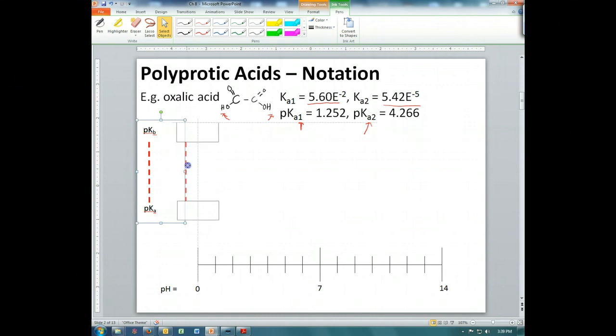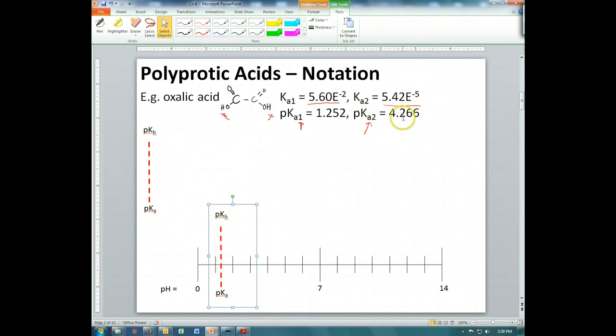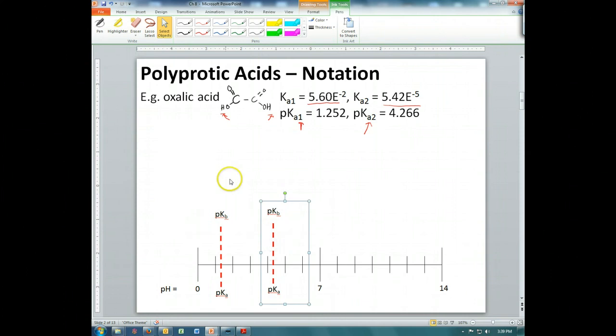So if we were to position this, we'd want to have it at 1.25, right around there. Now for our other one, we're going to be putting that at 4.27, that's going to be right around here.